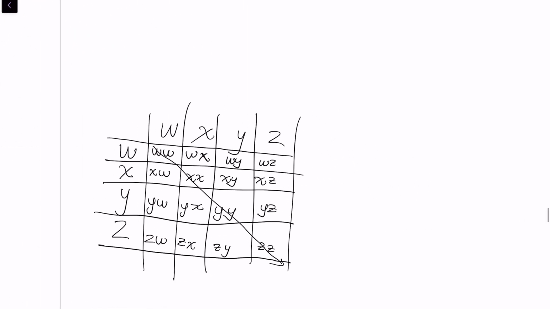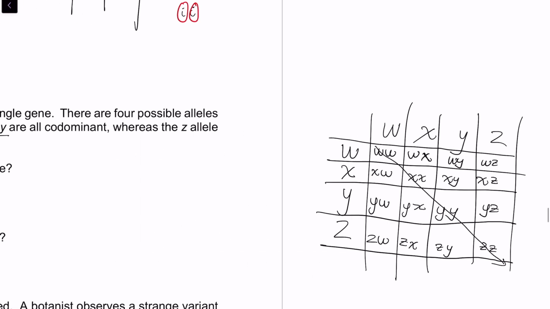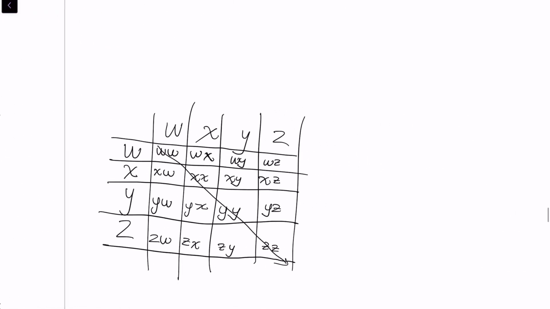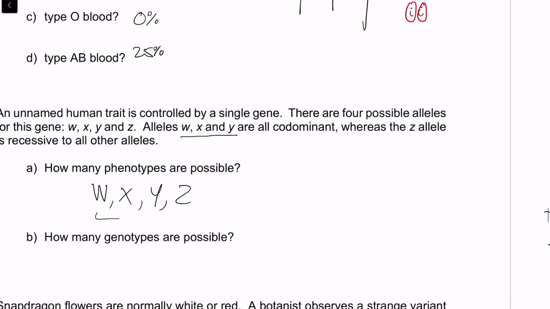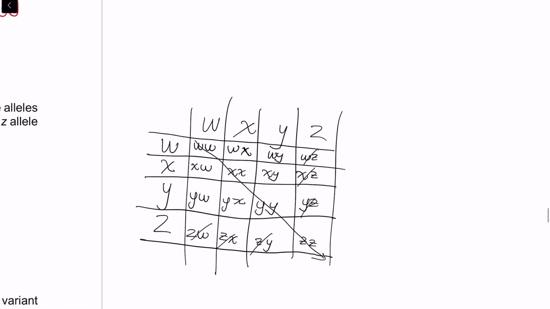However, we know that since Z is the recessive allele, not codominant like the other three, everything on the Z line will be included in these phenotypes. For example, ZW is going to express as a phenotype of just W, because W is dominant.